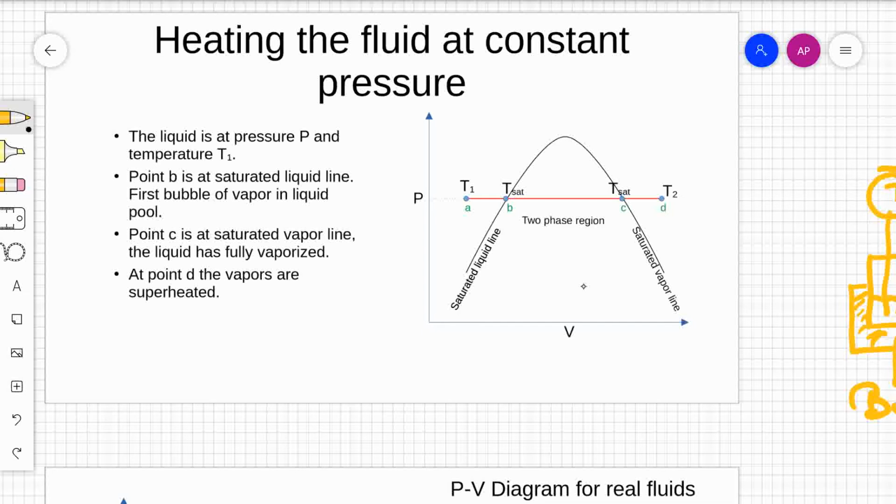This applies to all liquids without exception. If we hold the pressure constant, the boiling point is constant.